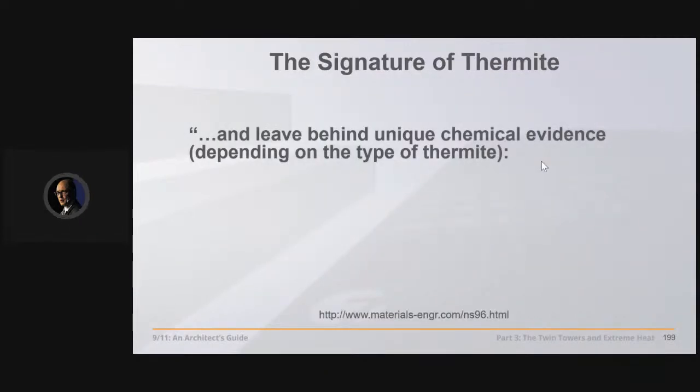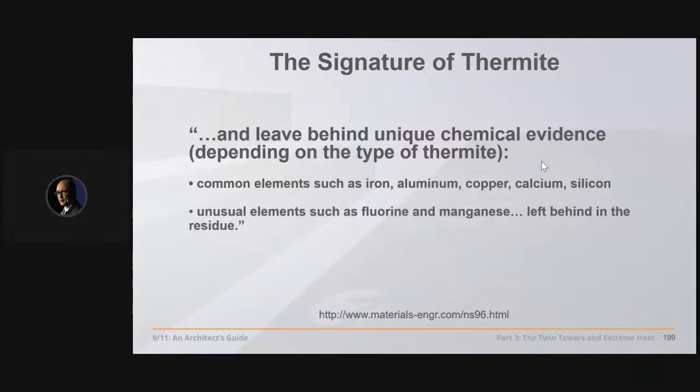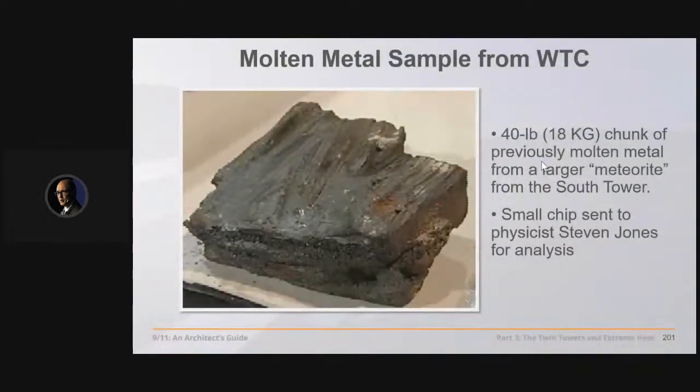Well, thermite, Stephen Jones says, would leave behind unique chemical evidence depending on the type of thermite. Common elements such as iron, aluminum, copper, calcium, silicon, but more unusual elements like fluorine and manganese left behind in the residue, which you never expect in office fires. These are elements in the periodic table. Well, he sent a piece of this 40-pound chunk of previously molten metal from one of these meteorites from the South Tower.